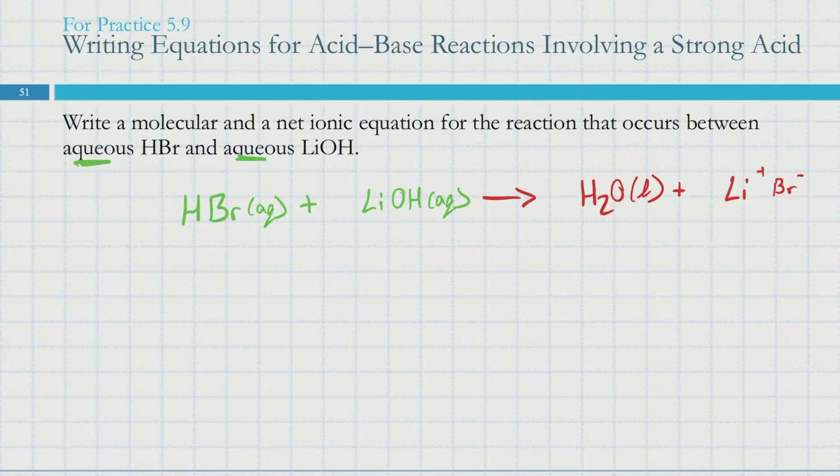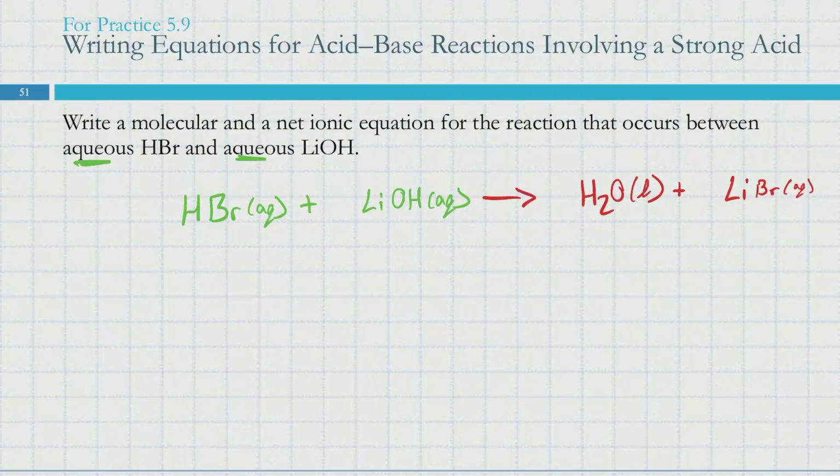Since one's one positive, one's one negative, we just combine them together. It's just LiBr. And since lithium's an alkali metal and it's always soluble in water, we are going to write that in as aqueous. So this would be our molecular equation.